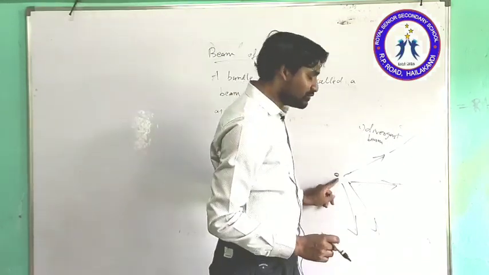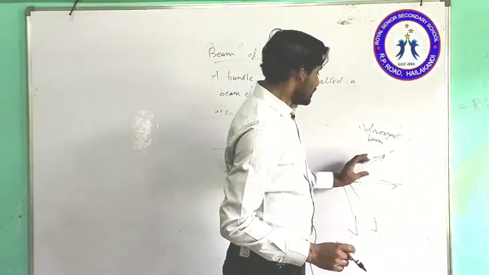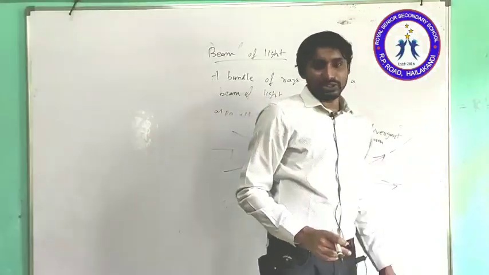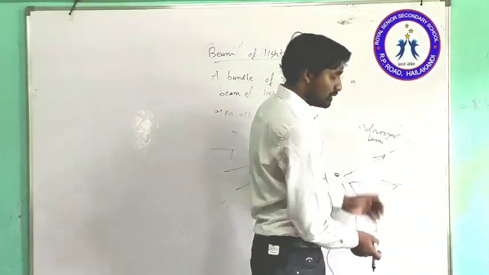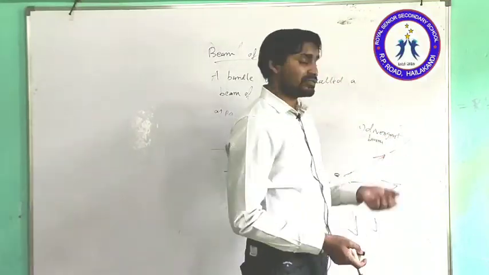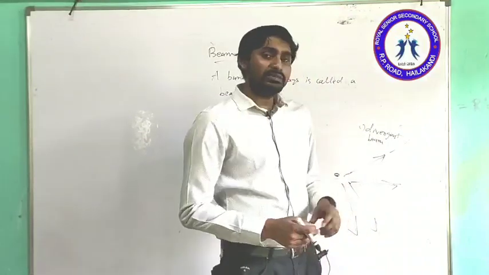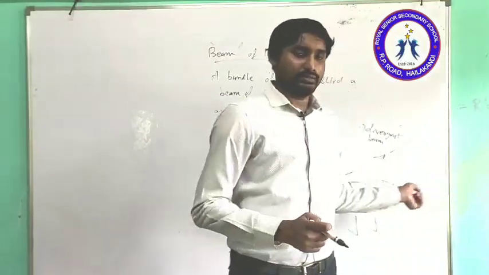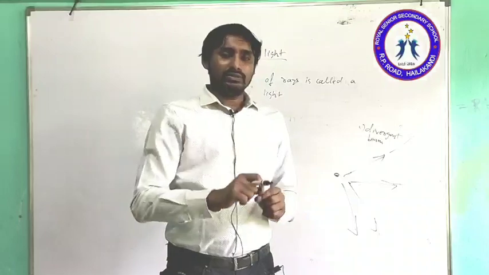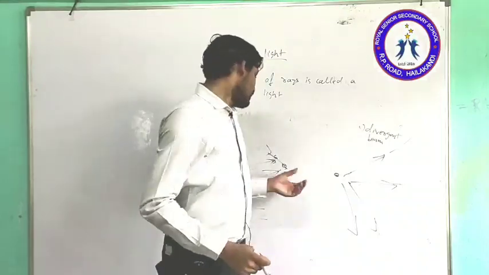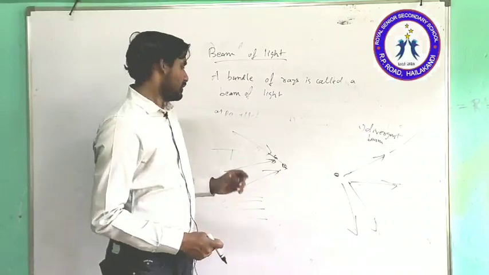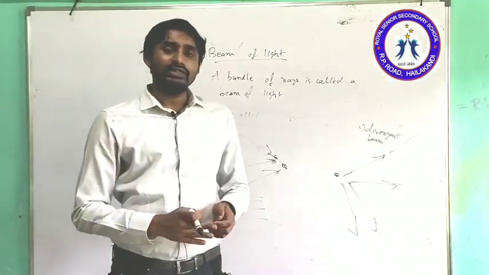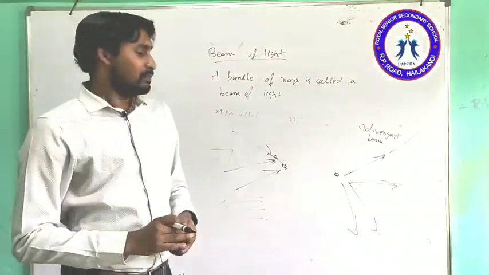Here they have started their journey from here, all these rays, but they will never meet in future. That kind of bundle of rays is called a beam, and that beam is called a divergent beam. Means in a divergent beam the rays will never meet, and they come out from a particular point. In a convergent beam the rays actually meet at a particular point, and in a parallel beam all the rays remain parallel.